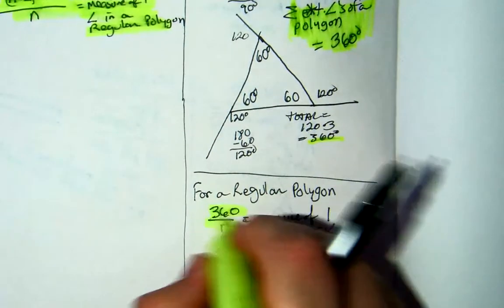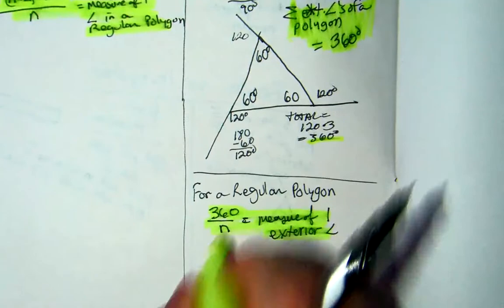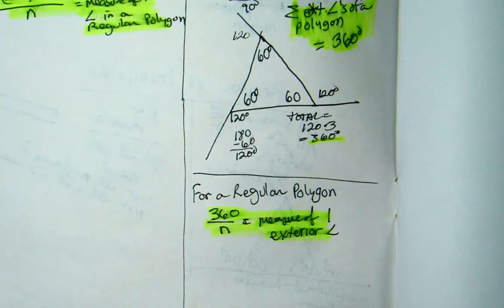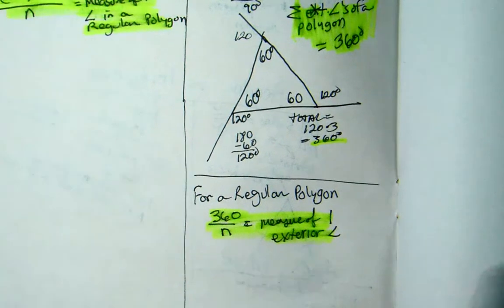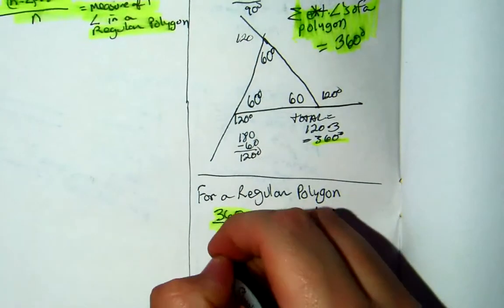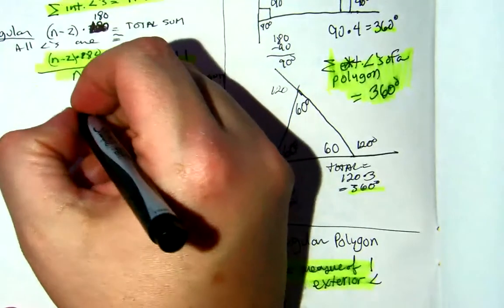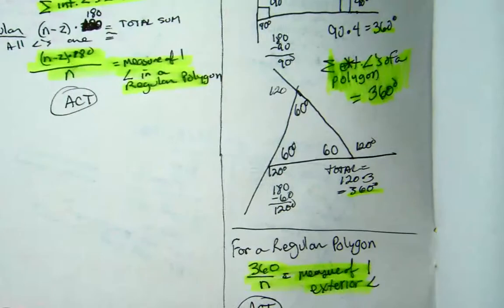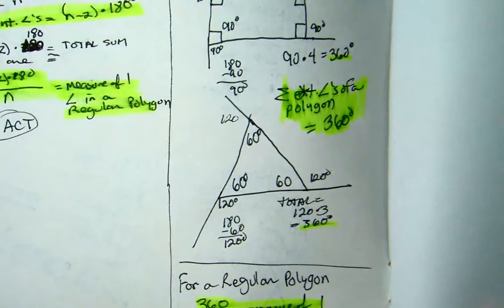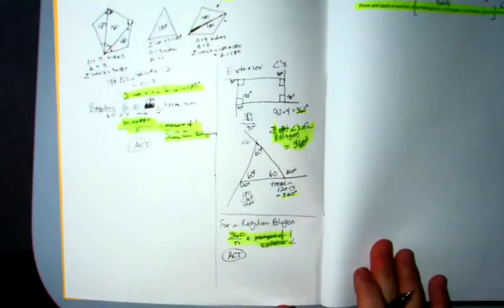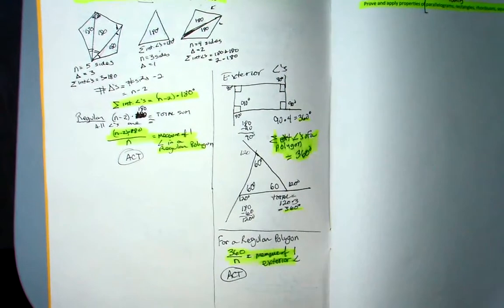Even for a regular polygon, the sum is going to be 360 degrees. But if we want to find out what one is, you're going to have to divide it by the number of sides in your regular polygon. From what I've seen, this is ACT material, and this is ACT material as well. So go ahead, make sure you have those in your notebook, and you'll be good to go.